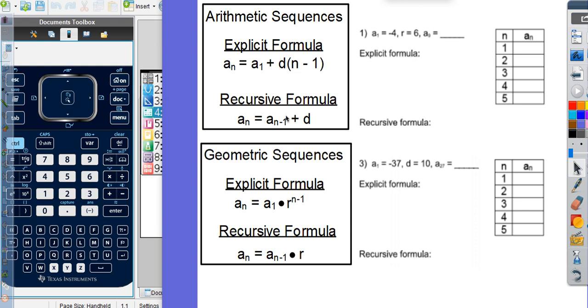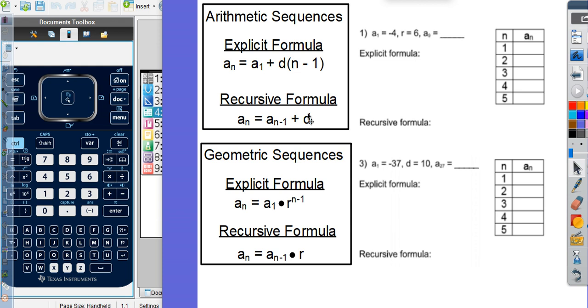The recursive formula is a formula we won't necessarily use that much, and we will have to create the formula, but the most important thing about this formula is just the fact that what comes at the end is going to be our difference.